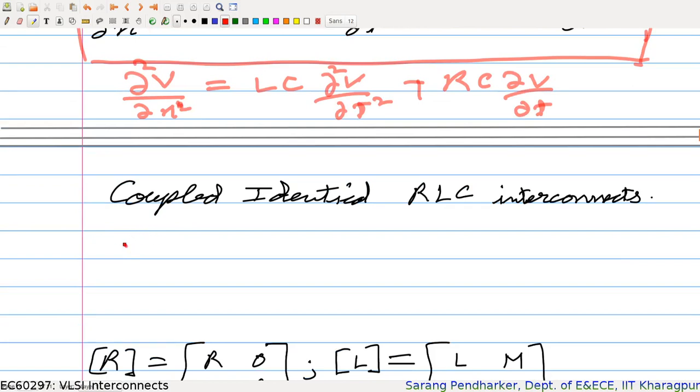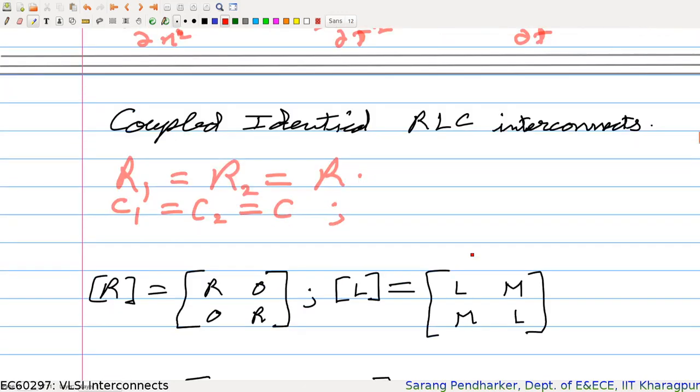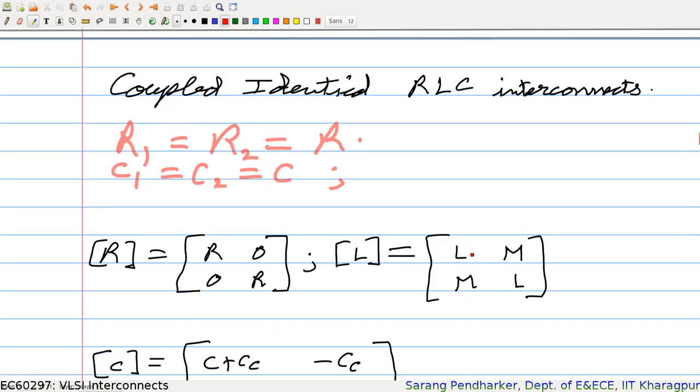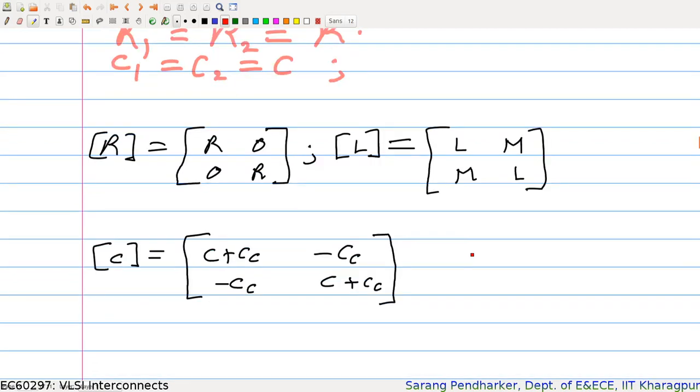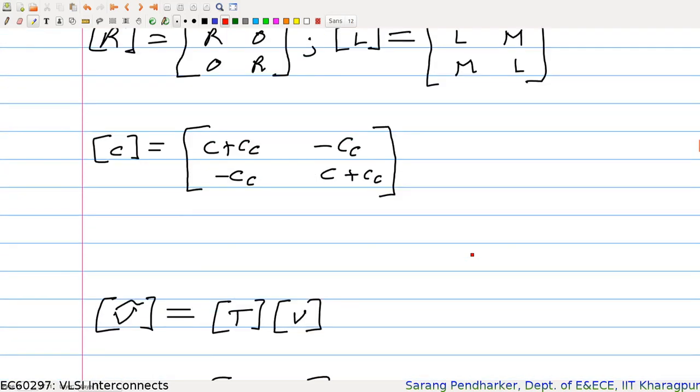So what you have is R1 is equal to R2 is equal to R, and C1 is equal to C2 is equal to C, and then there is a mutual coupling. So your R, L and C matrices can be reduced like this. Now for this case, let us see what we get.